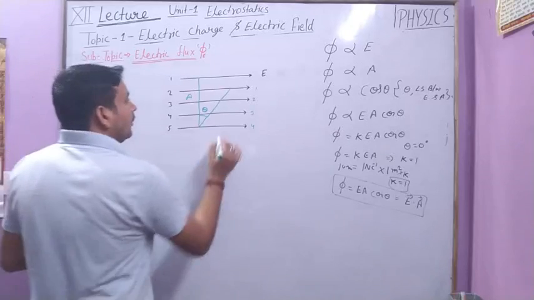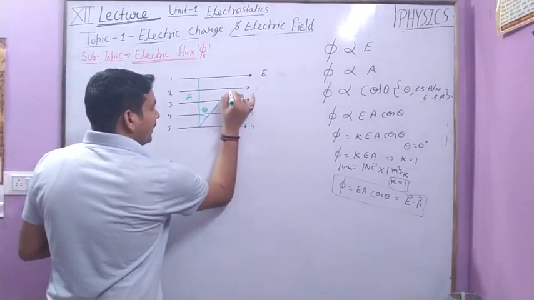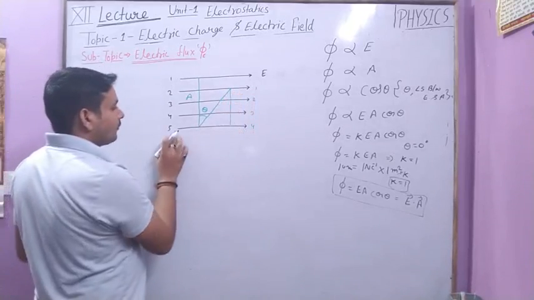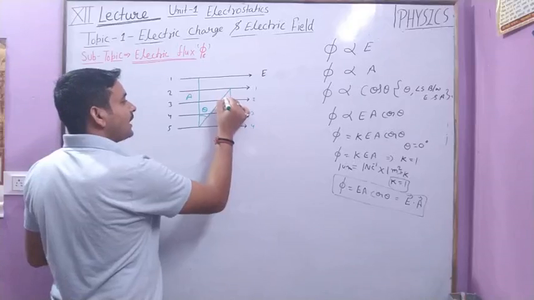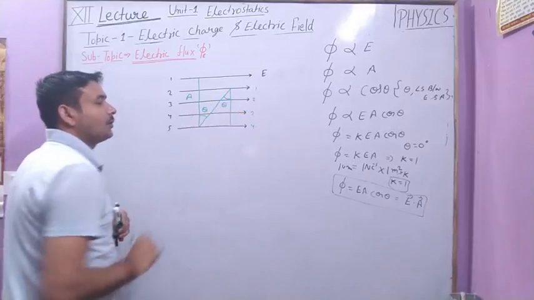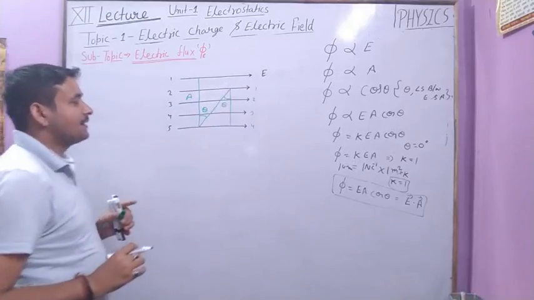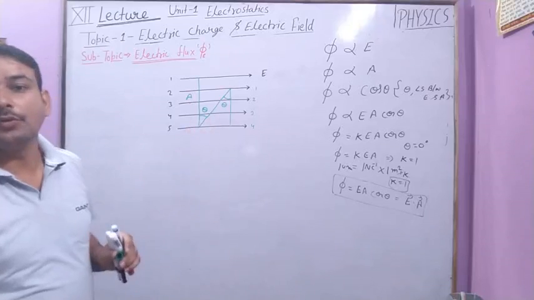By drawing a perpendicular from this to the fifth line, this angle is also equal to theta. So how many field lines are linked with this new surface?